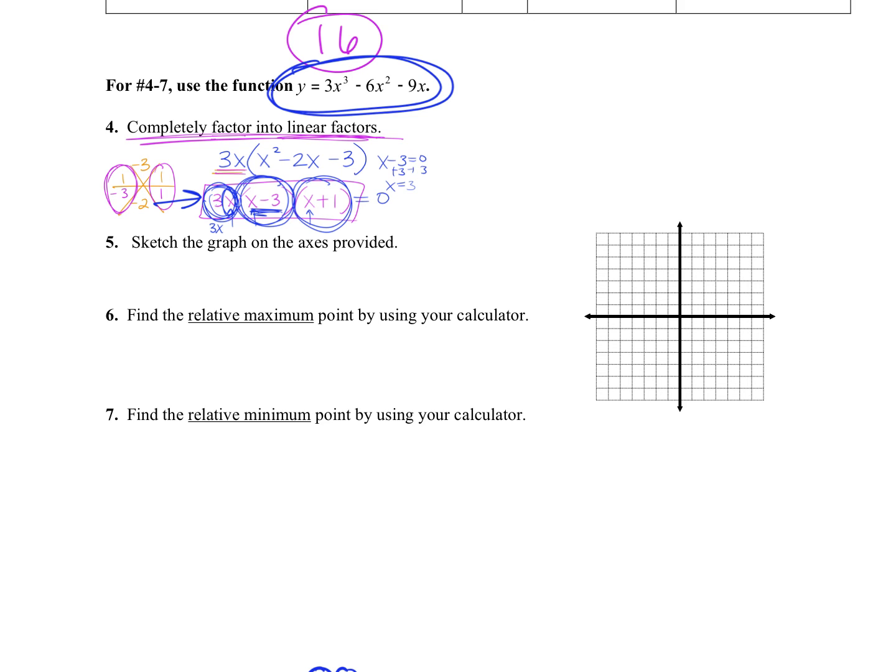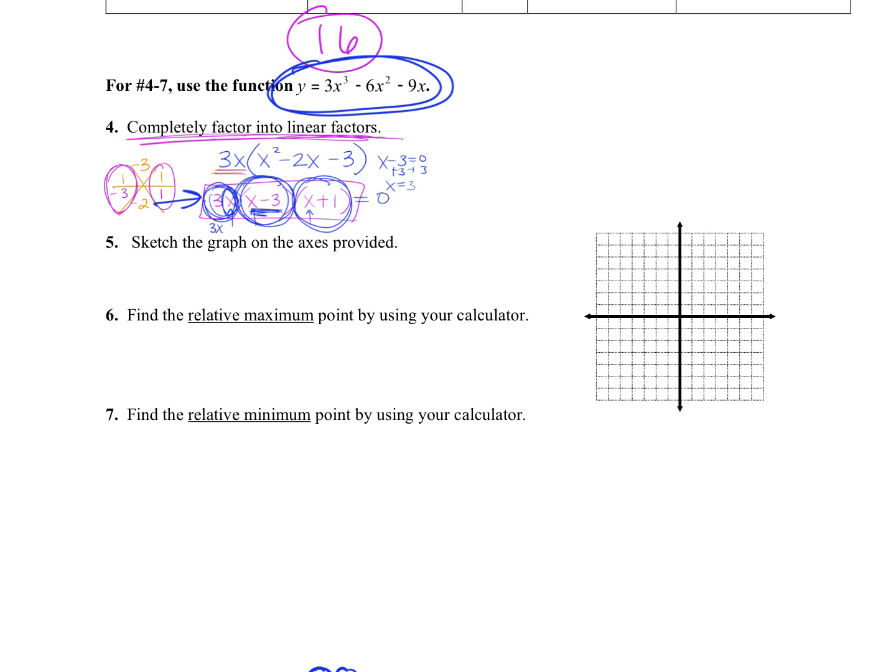Go to your y equals and clear out whatever's there. I'm doing number 5, 6, 7 right now, okay? So go to that y equals 3x cubed.